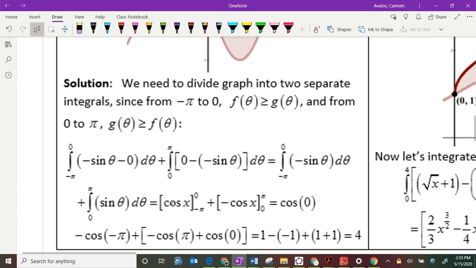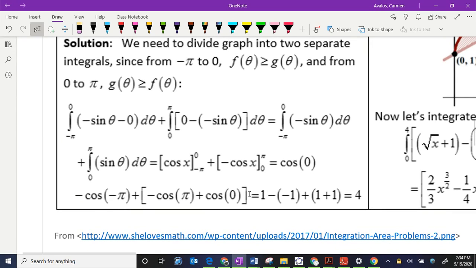We know that when you take this derivative, it's going to be cosine. So from negative pi to 0, and this one is negative cosine on there. The reason is that a negative and a negative became a positive, so going backwards, it's going to be a negative cosine there, from 0 to pi. Then you just evaluate it. The answer is going to be 4 units.